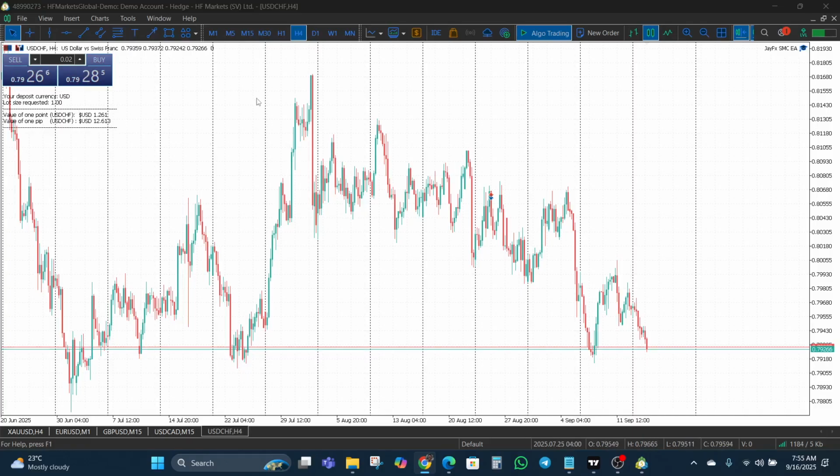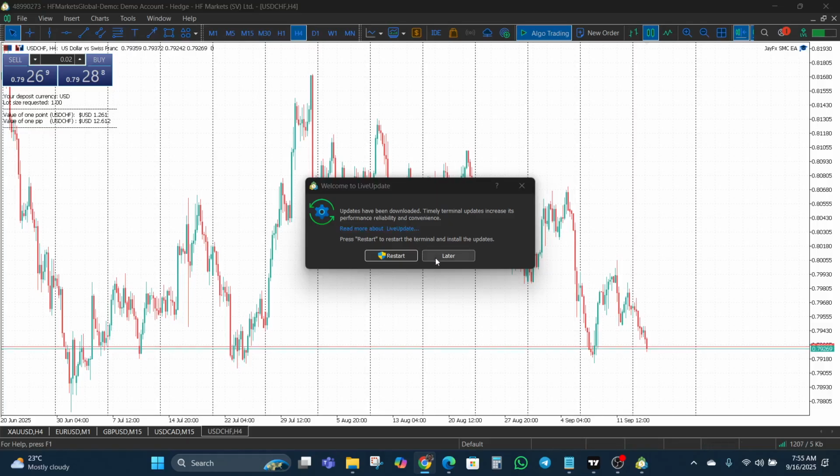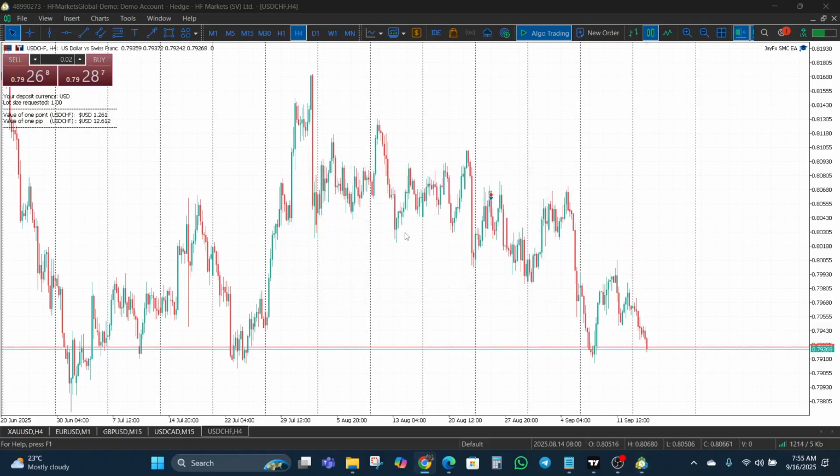This is useful when you need to get into or out of a trade quickly. The advantage of a market order is speed. You don't have to wait, but the downside is that you may not always get the exact price that you expect, especially in fast moving markets. Slippage can occur, meaning the order is filled at a slightly different price than what you clicked.